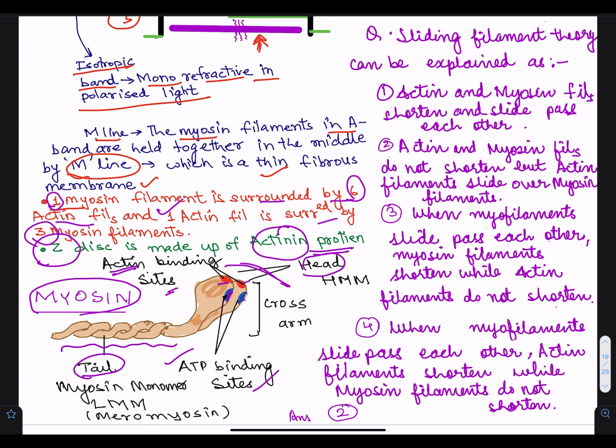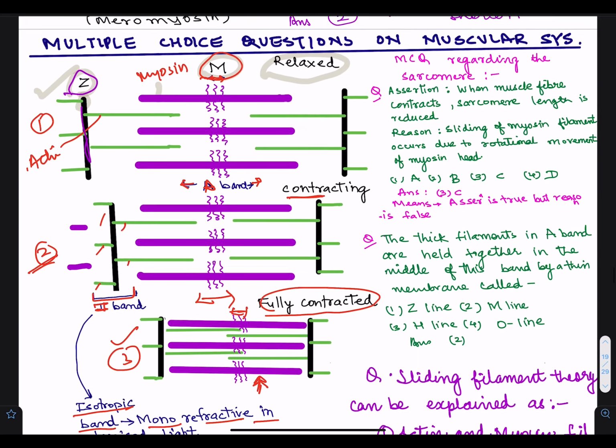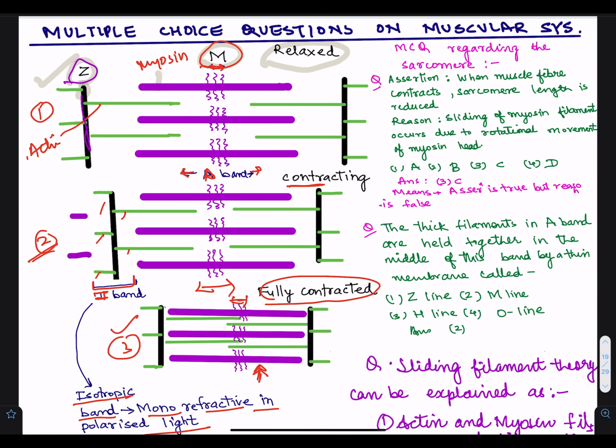This tail portion is known as LMM, light meromyosin. It is a myosin monomer actually. And the head is HMM, that is heavy meromyosin. This part is known as cross arm. This is the tail.